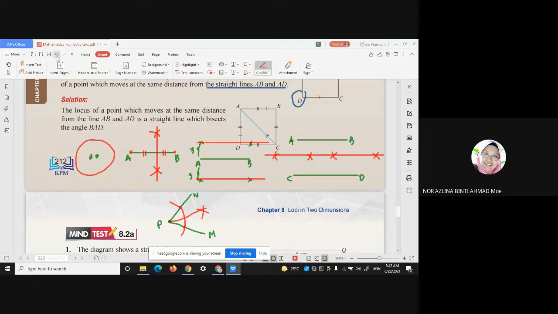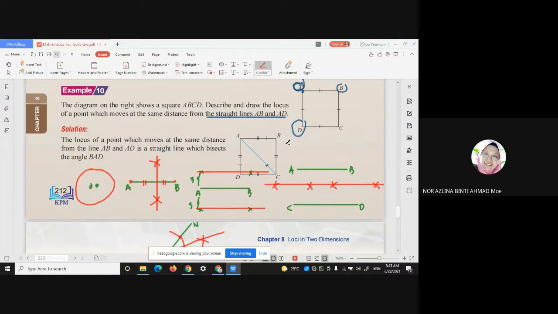From this intersection point, we draw the curve like this using compasses. And from this point, we draw another curve using the same measurement, the same length of compasses. Then use a ruler.